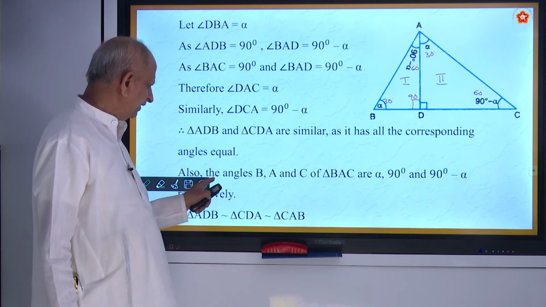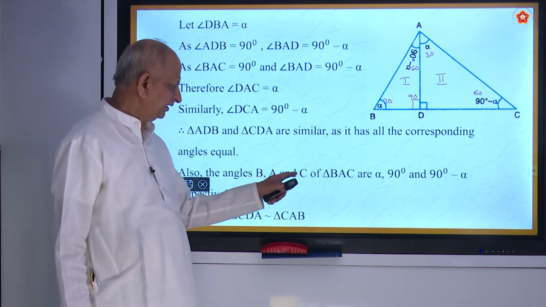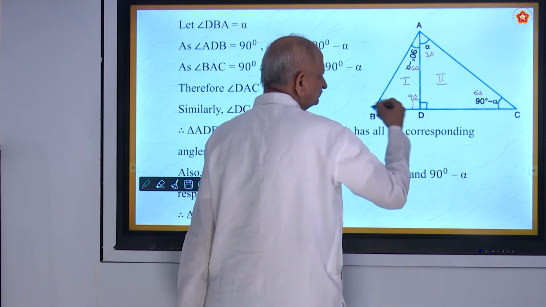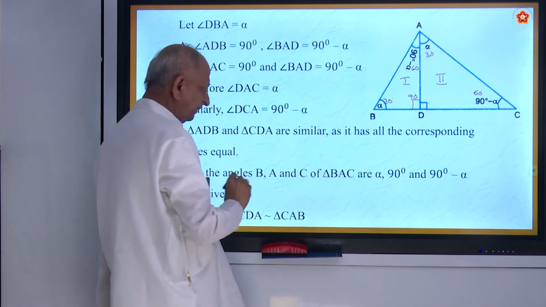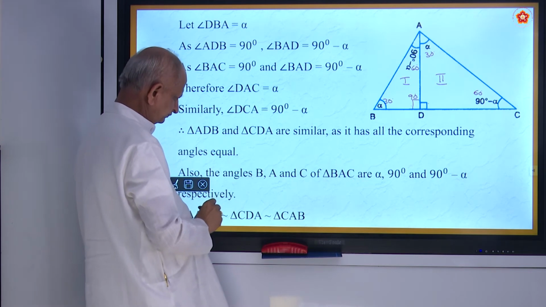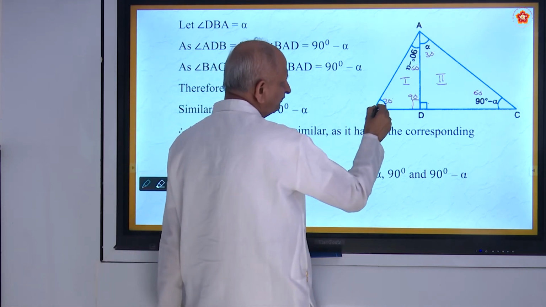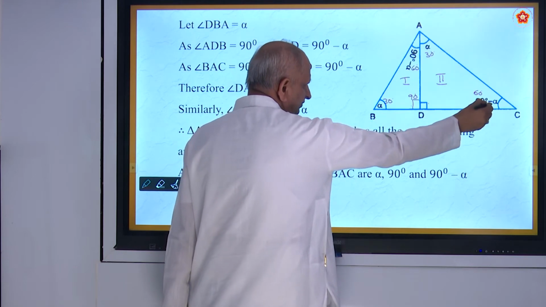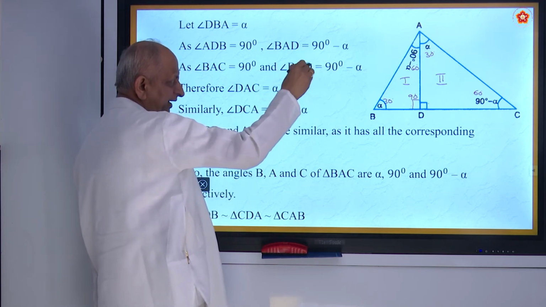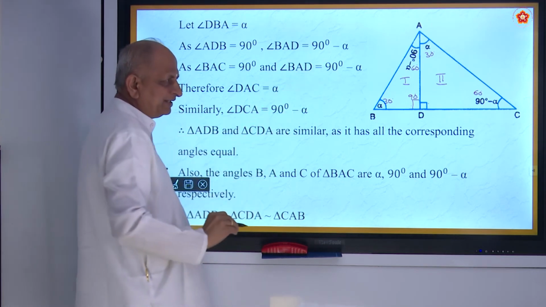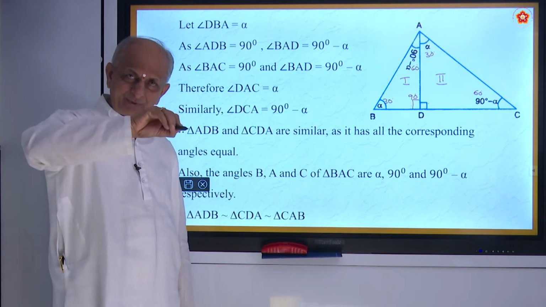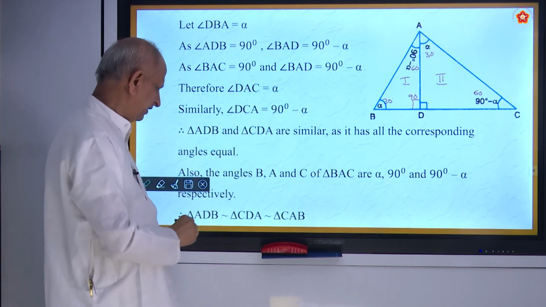Similarly, if you take the big triangle, BAC, that also will have the similar angles equal. So you have three angles. One is alpha, another is 90 minus alpha. So the three angles of one triangle are equal to the corresponding angles of the second triangle, which are equal to the corresponding angles of the third triangle, that is the big triangle.